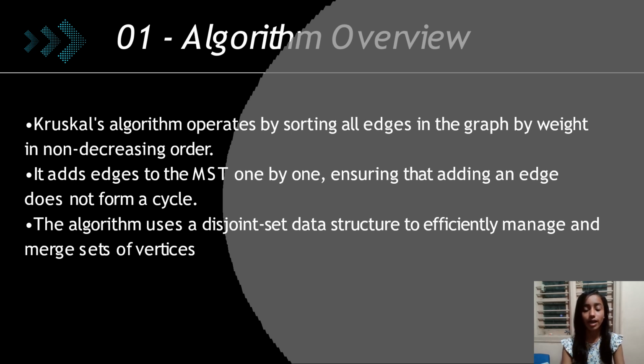This structure helps efficiently manage and merge sets of vertices, allowing the algorithm to quickly determine whether adding a new edge would create a cycle. By repeating this process until the minimum spanning tree is complete, Kruskal's algorithm guarantees the resulting tree is of minimum total weight.